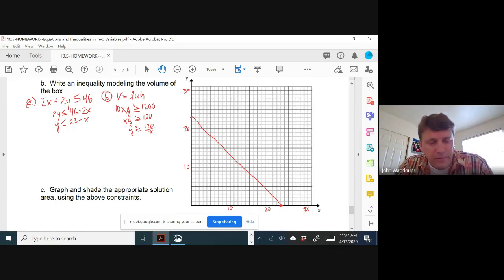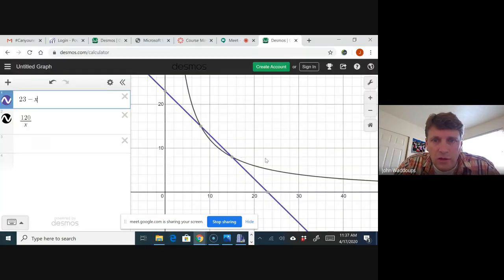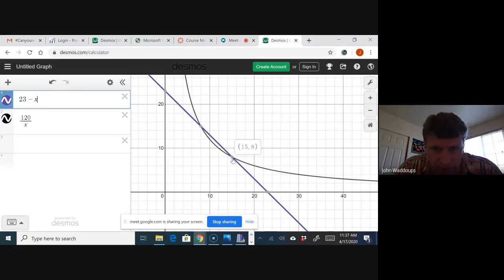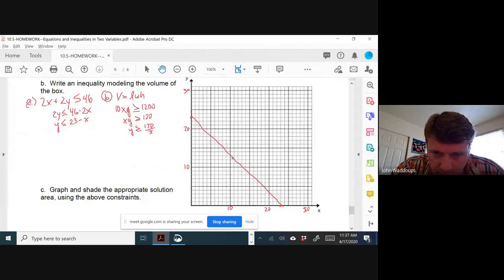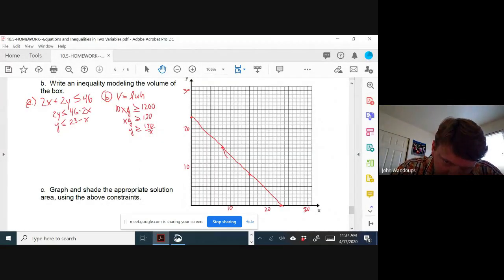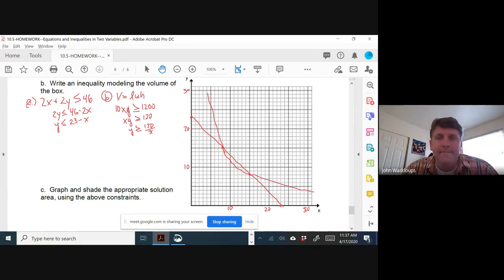And then I'm going to flip back to Desmos and see where they intersect at 8, 15 and 15, 8. So look, 8, 15, and 15, 8. Those two intersect each other. And y less than or equal to 23 minus x is shaded below this line.